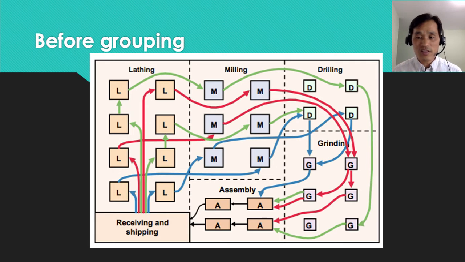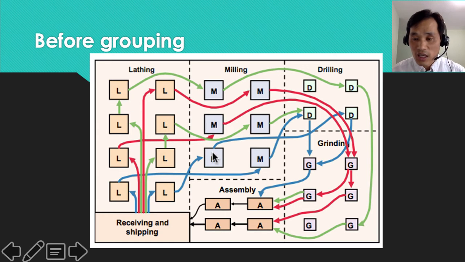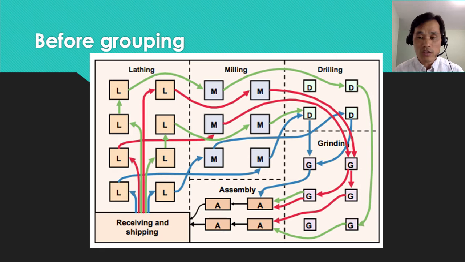The process consists of receiving and loading, drilling, milling, assembly, grinding, and shipping. So this process is somewhat complicated. If you observe this as an operations manager, you may want to analyze carefully and try to find a way to improve it and make it flow better.